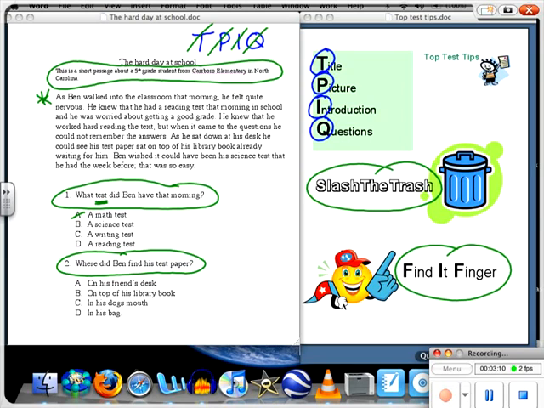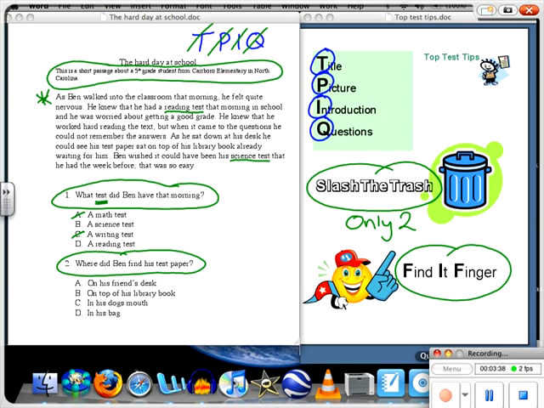As I'm scanning back through the text, I can see reading test, and near the end I can see science test. But there's nothing about a writing test, so I'm going to slash that one. So I've slashed 2, and that's all I want them to do. Slash the trash, only 2.